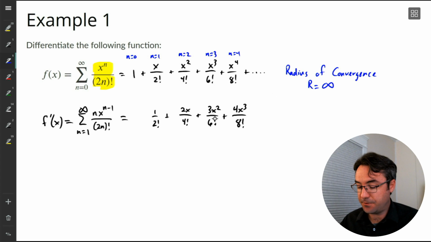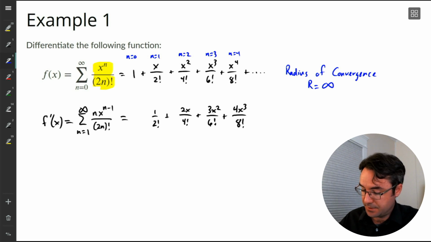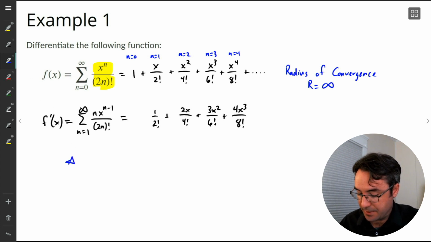What that means for our purposes here when we're talking about the derivative is this brand new power series that we have also has the exact same radius of convergence. So let's just make a note of that.